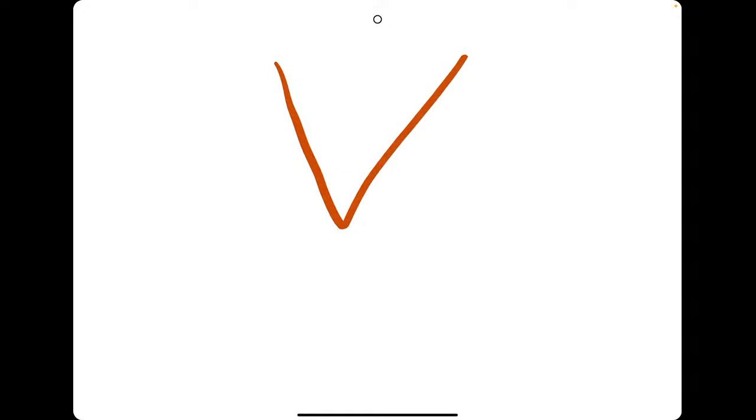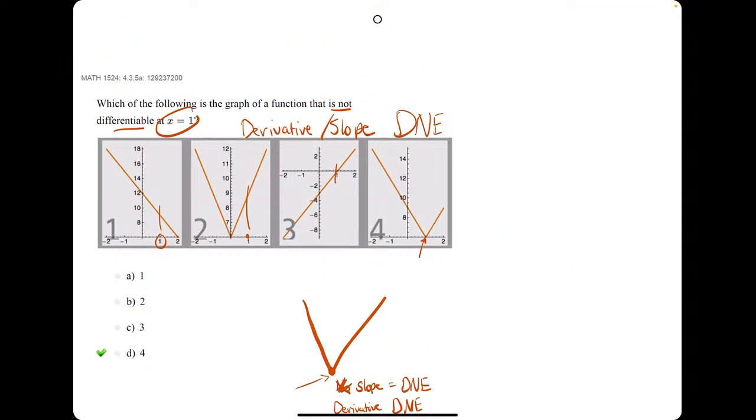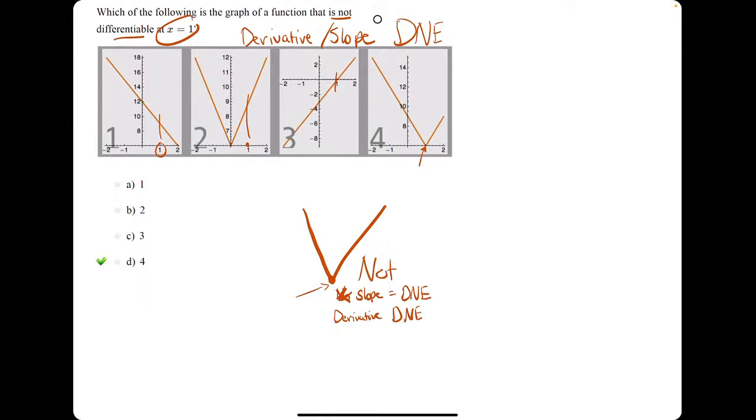Anytime we have a function that has a sharp corner, right at this corner, we cannot find a slope. In other words, the derivative does not exist. So no slope does not mean a zero slope, but it means the slope does not exist, which means it is not differentiable.